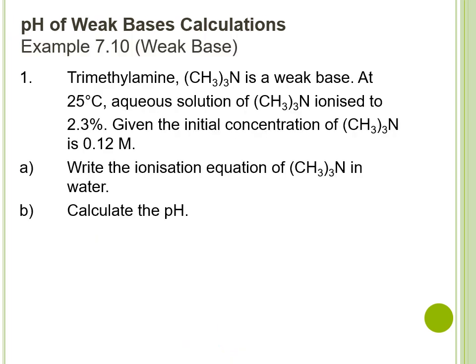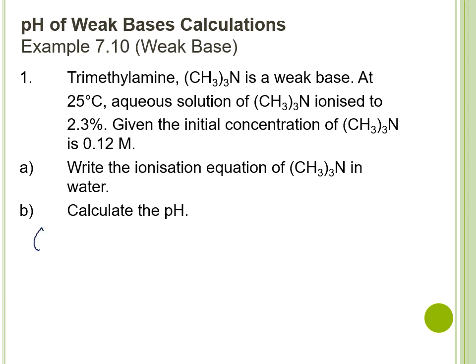Example 7.10: trimethylamine, (CH3)3N, is a weak base. At 25 degrees Celsius, an aqueous solution of trimethylamine is ionized to 2.3%. Given the initial concentration of it is 0.12 molar, write the ionization equation. Let's write the ionization equation.